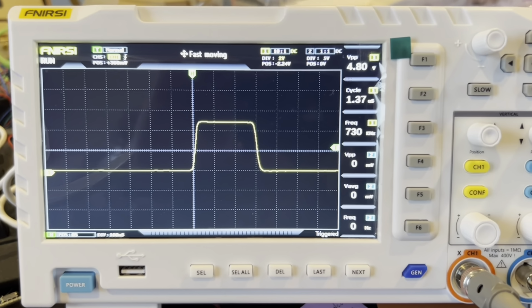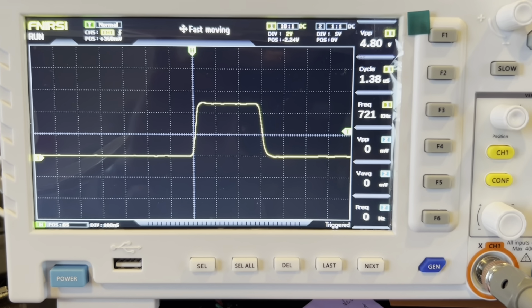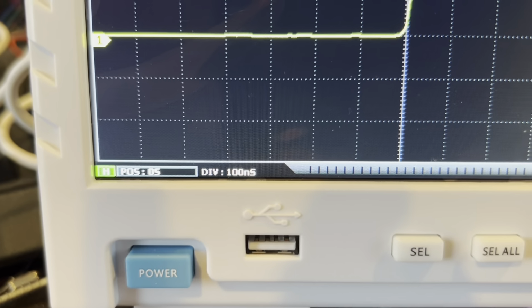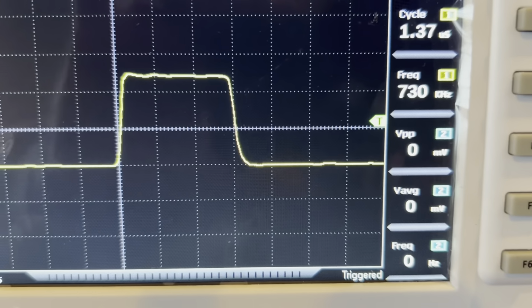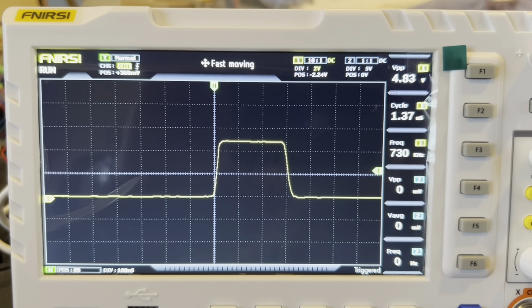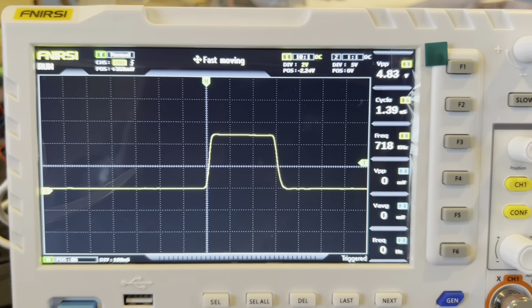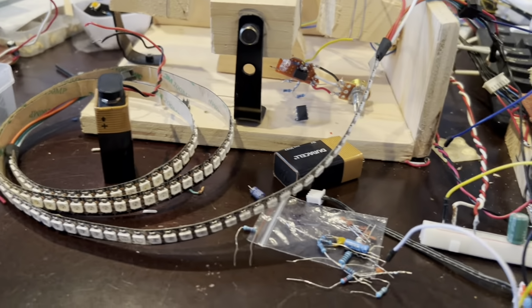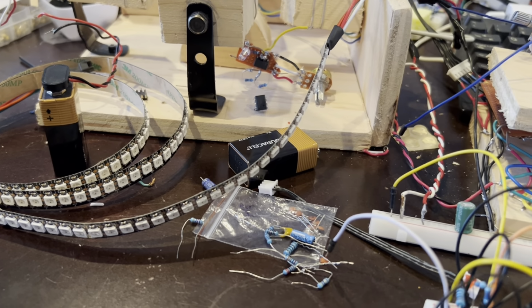This is our new low pulse. If this is 100 nanosecond divisions, 1, 2, 3 divisions gives you about a 300 and change nanosecond high pulse, which is perfect for the zeros of these LEDs.